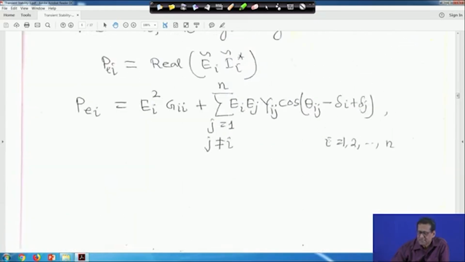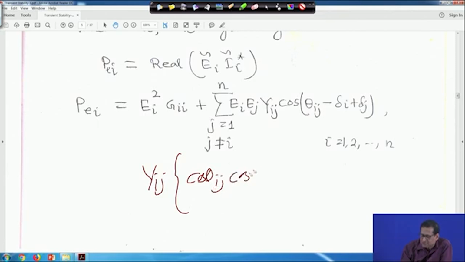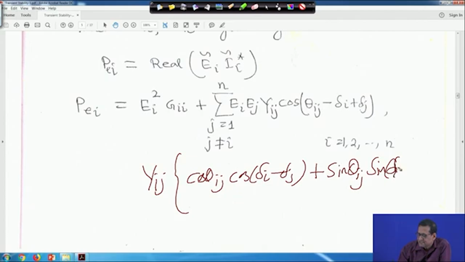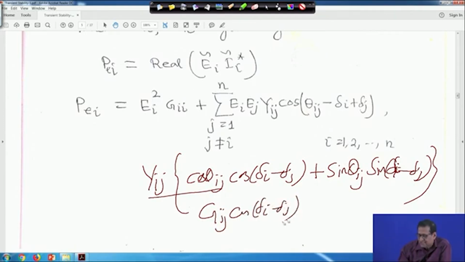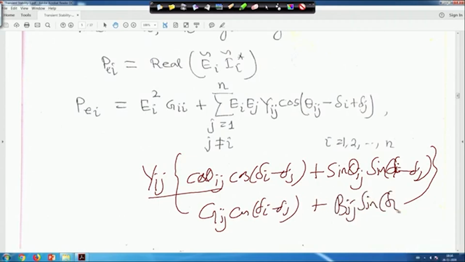So yij cos theta ij will be gij multiplied by cos(delta i minus delta j), and yij sin theta ij is bij multiplied by sin(delta i minus delta j), the term we have written first.